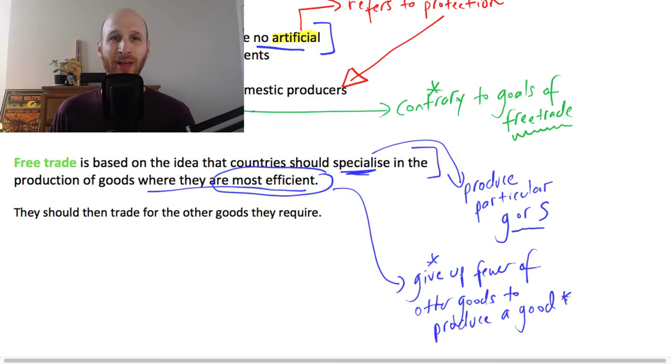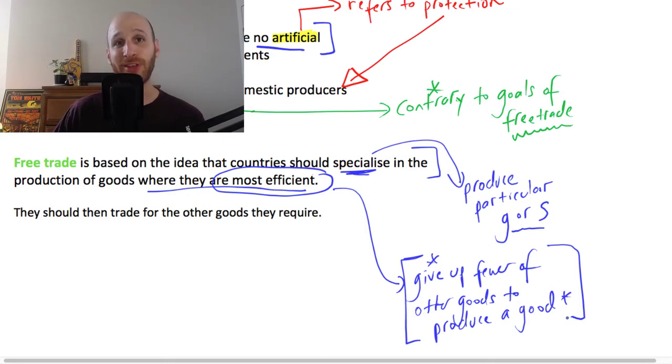If you remember, the story of economics is all about choices. We have to make choices in terms of production for governments and for economies, because we can't make everything. So a country is most efficient when it has to give up less of other goods when it produces one good. So if it could produce wheat and butter, it should produce the good in which it gives up less of the other good.